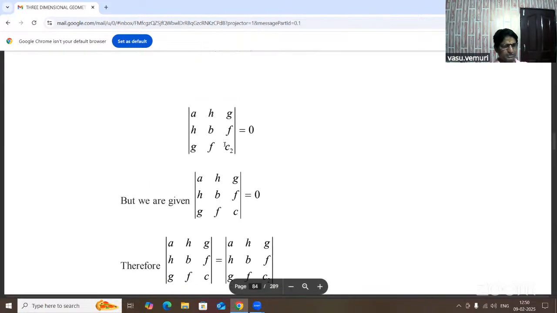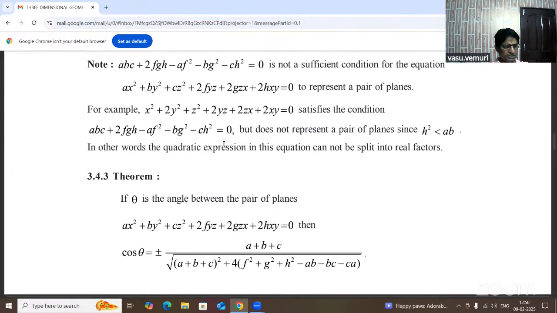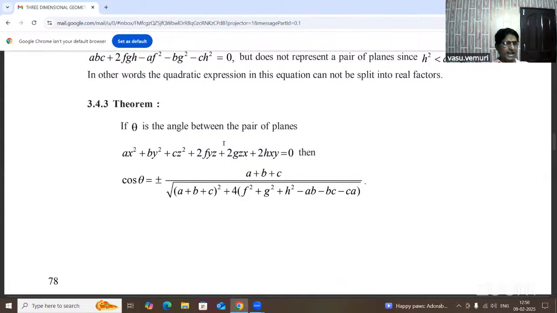This theorem is also very important. According to this theorem, to find the angle between the pair of planes, what is the angle? cos theta equals plus or minus (a + b + c) divided by the square root of (a + b + c) whole square plus 4 times (f² + g² + h² - ab - bc - ca).